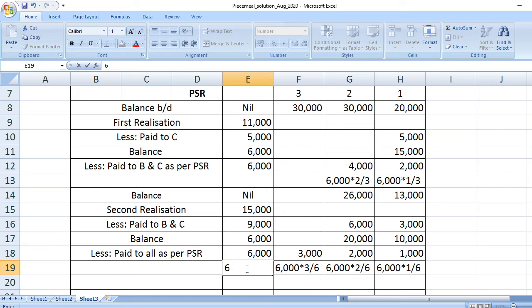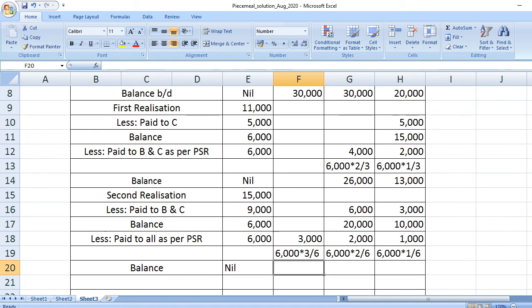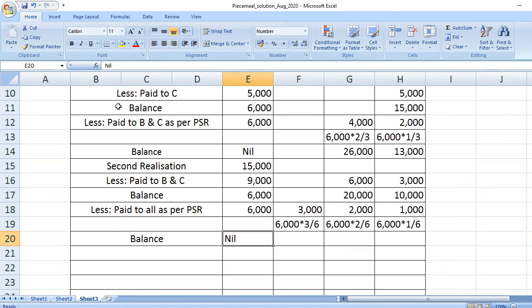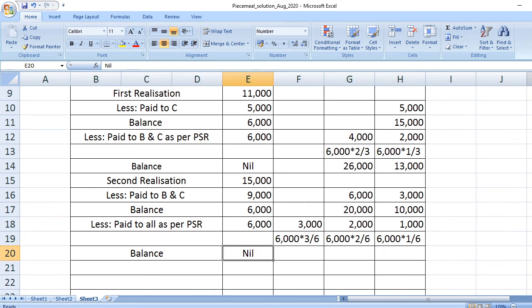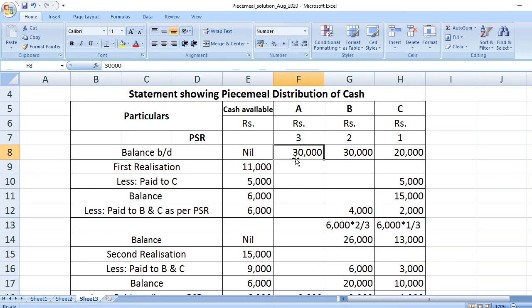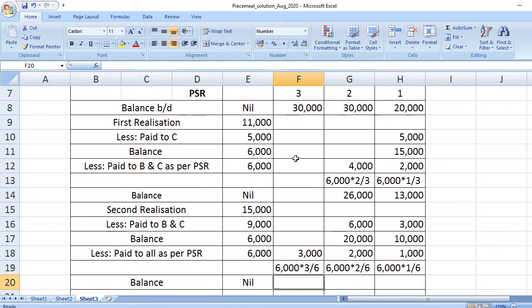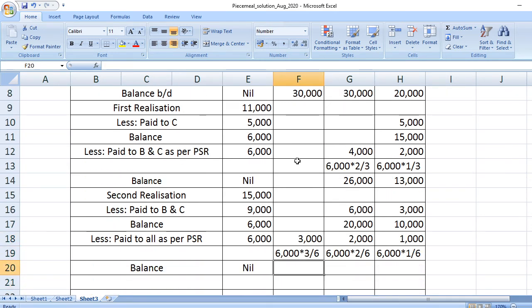I hope you understood. Okay, so available balance: balance available nil. There is no amount remaining. What about A's balance? 30,000 was there. From this 30,000, A received only 3,000.